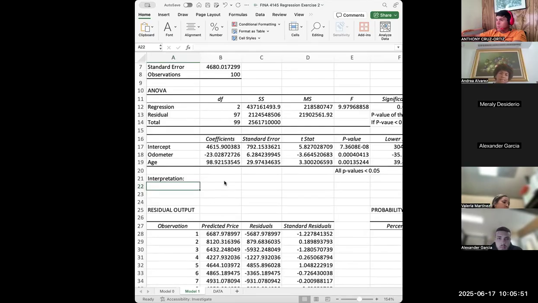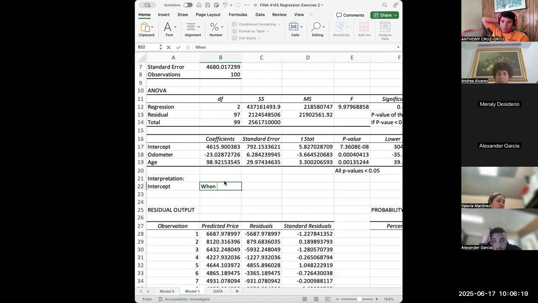So interpretation, where you begin with the intercept. Okay, how do I write this one? Let's see if you guys can help. When odometer and age is zero, price is 4,650. Very good. Anthony knows what he's doing.